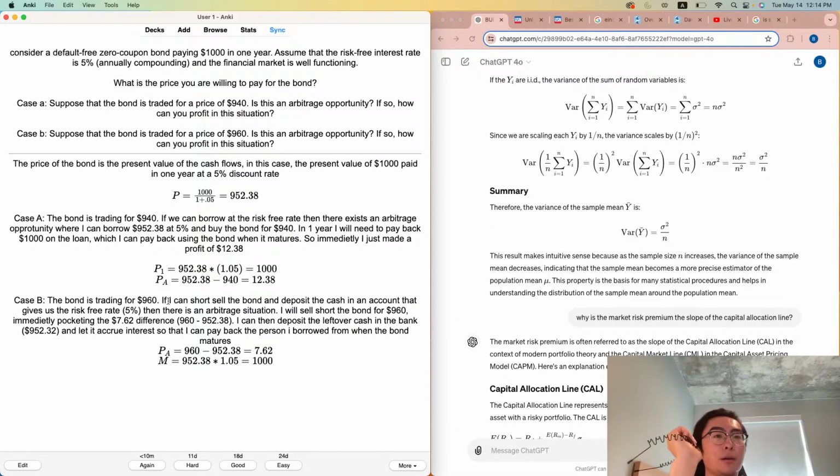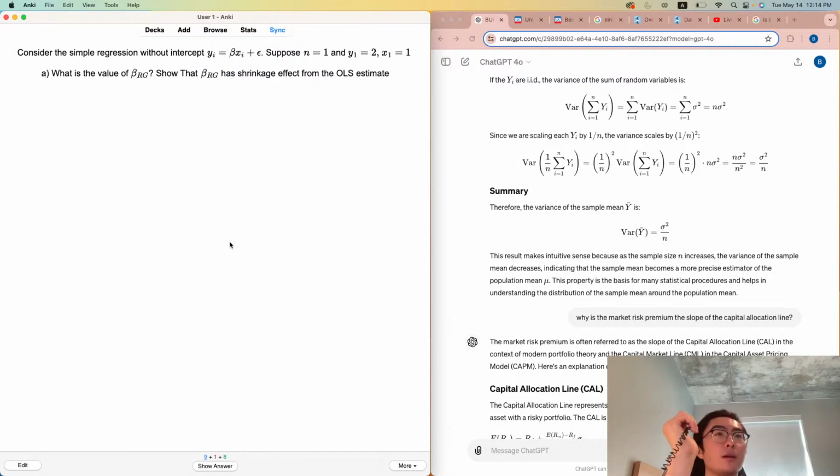So case B: bond short sell, deposit in cash. Realize the rate, deposit leftover cash. Okay. Yeah, I think it's pretty good.